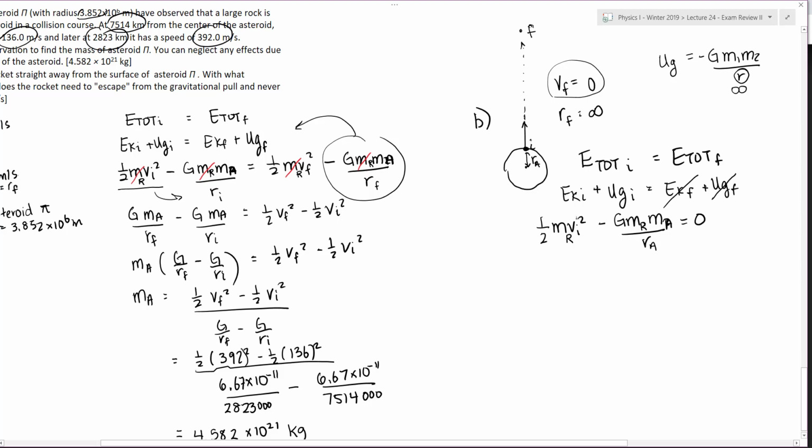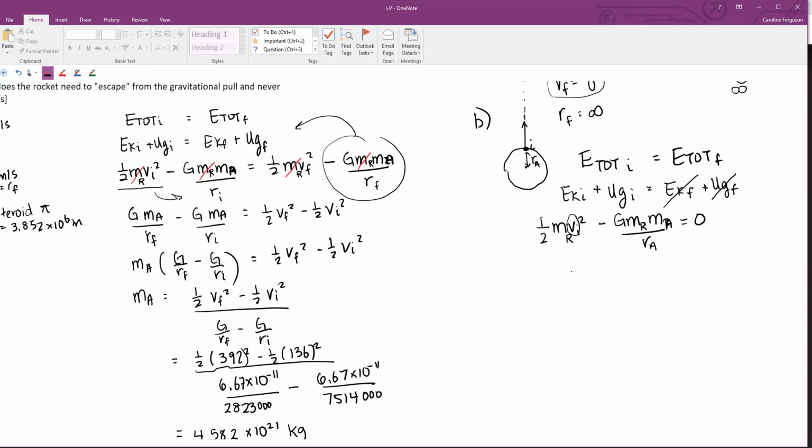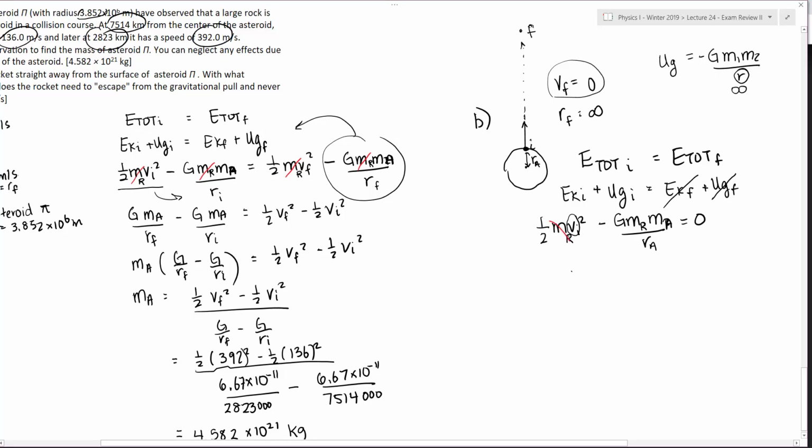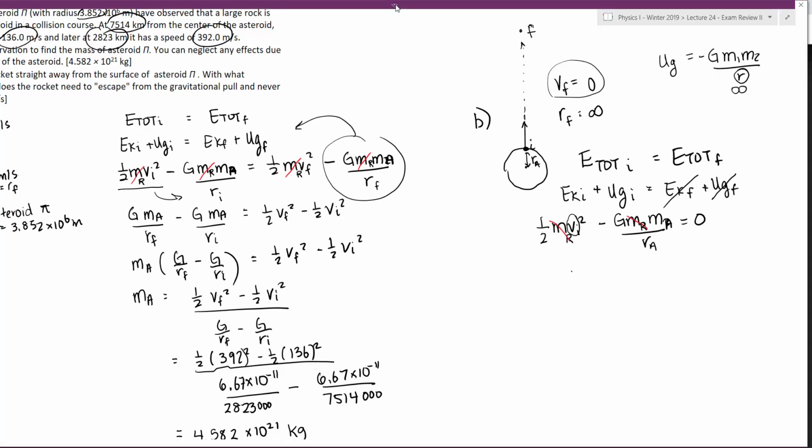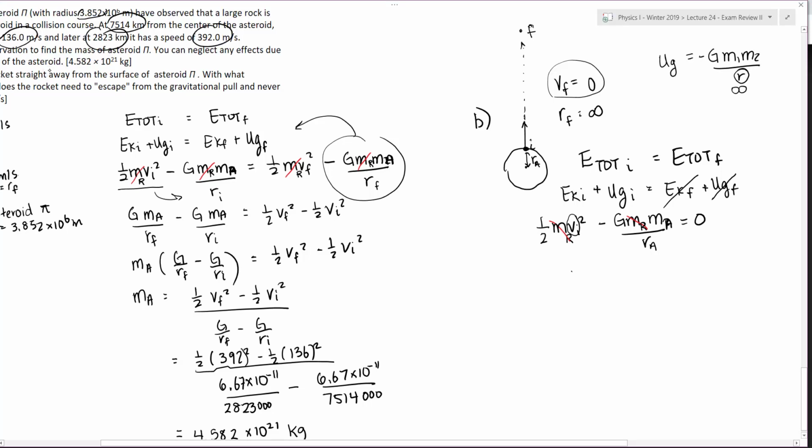I'm looking for the escape speed, so that's my v initial. I'm going to rearrange the equation, but first I notice that I have a mass of the rocket in each term, so I could just cancel it out. Then I can solve for this v initial.